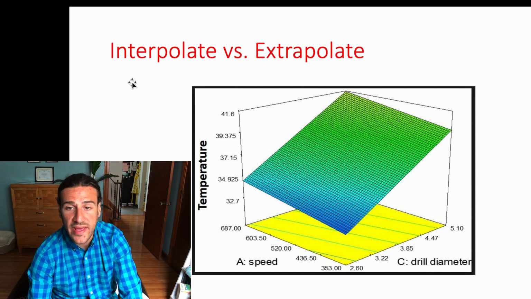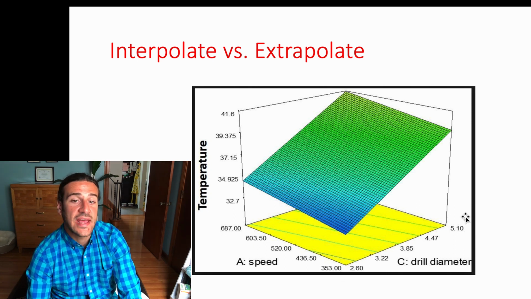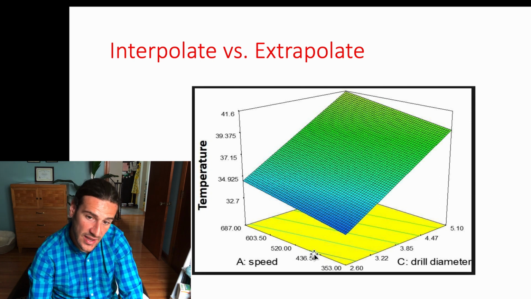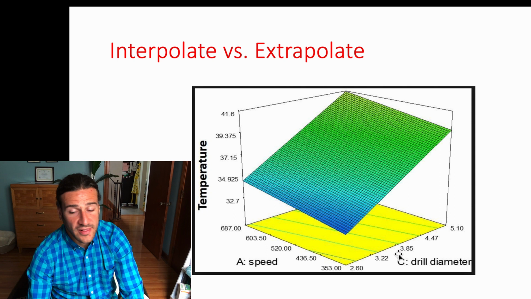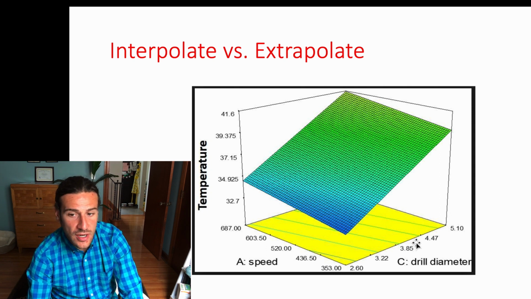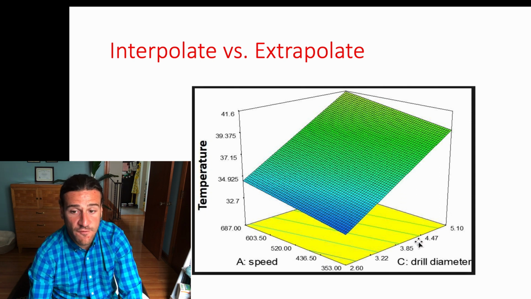Extrapolation is always, and I repeat, always weaker, statistically weaker than interpolating data. So these values of drill diameters were actually tested in this study. But let's say that same researcher wants to find out what temperature a drill diameter of just 4 millimeters would reach.